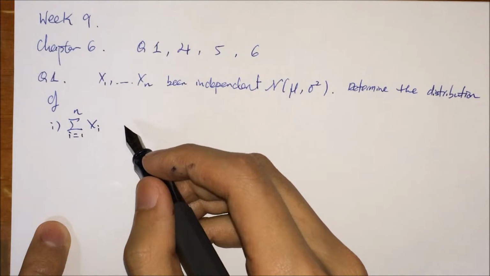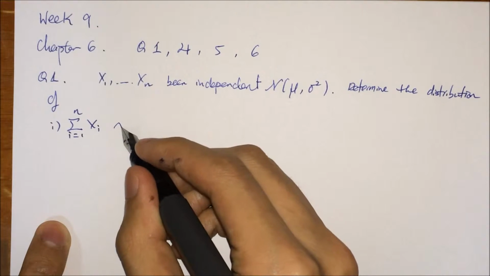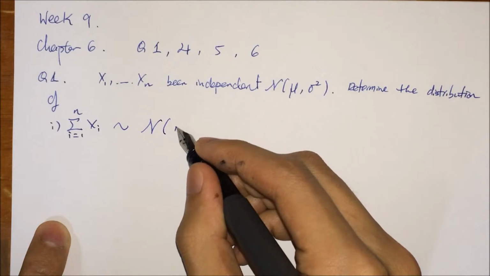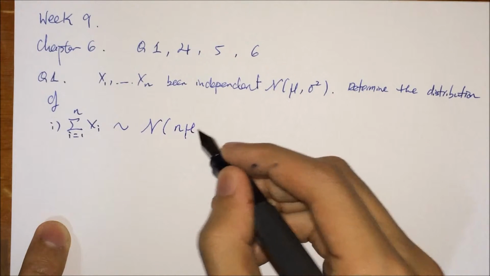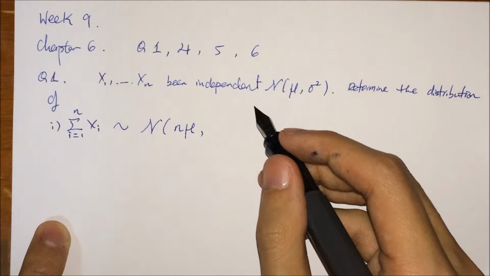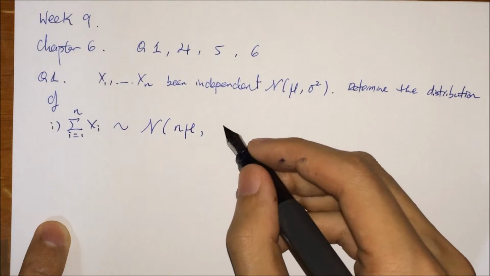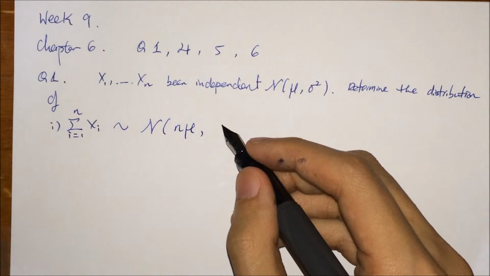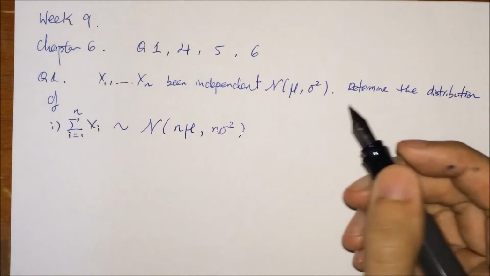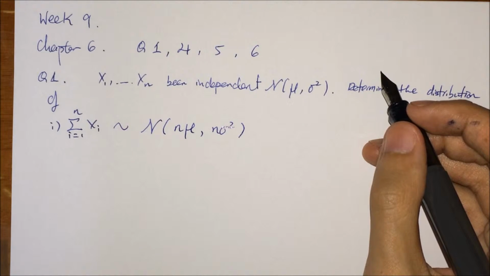We know by, say, the convolution formula or linear transform of normals that this is normal, but you sum up the means, so this is n mu, and you sum up the variances also, so this is variance n sigma squared.